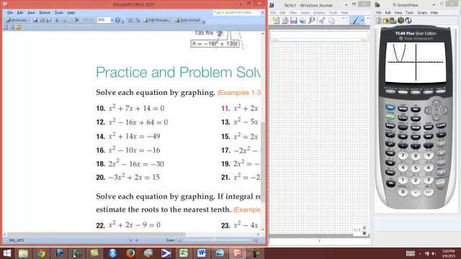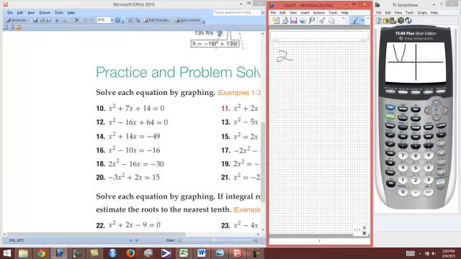Okay, so it's 2x squared minus 16x plus 30. And that didn't do any good. So let's see if this helps.